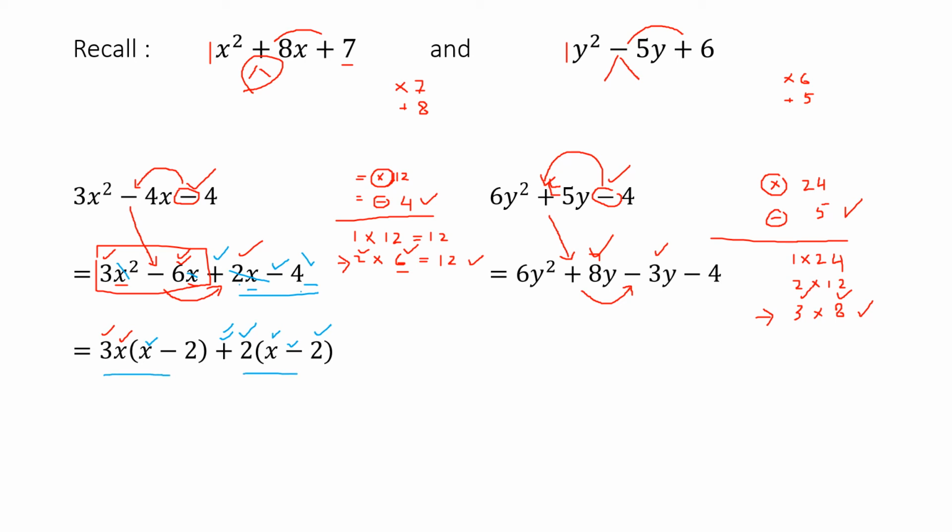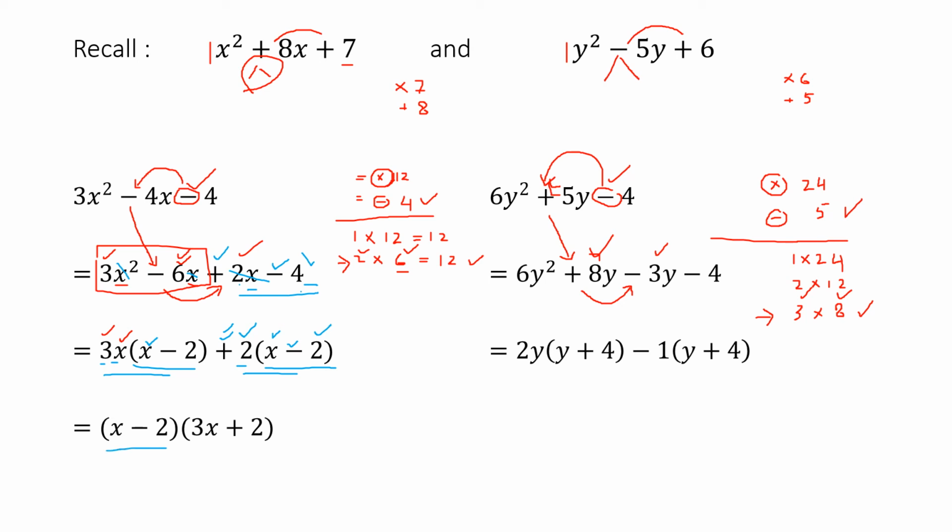And now we have 3 factors in the first, and in the last term we have 2 factors. Now in these 3 factors we have x minus 2, and in the last term we have 2 factors x minus 2, so x minus 2 is common everywhere, so we divide by x minus 2.